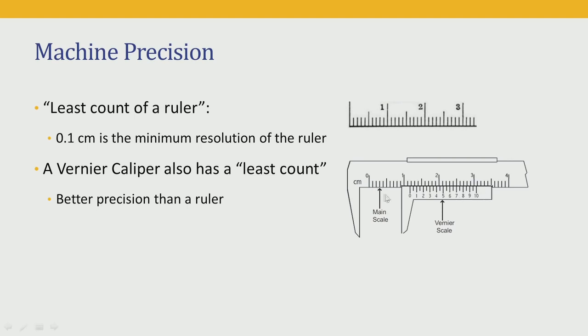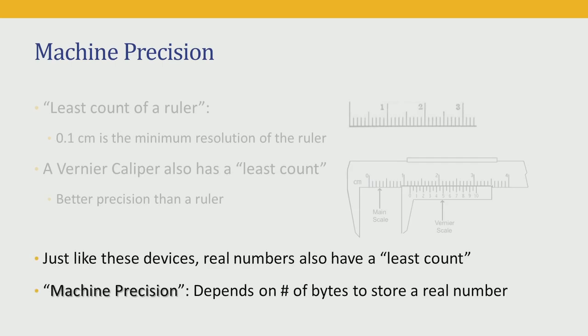This particular example of vernier calipers has a least count of 0.01 centimeter. So, we can say that this vernier calipers has a better precision than a ruler. Okay. So, precision is basically a term which we can approximately use in lieu of the term least count. Okay. So, it is kind of like least count. Now, in the same manner in which these two devices have a least count, our computer also has a least count.